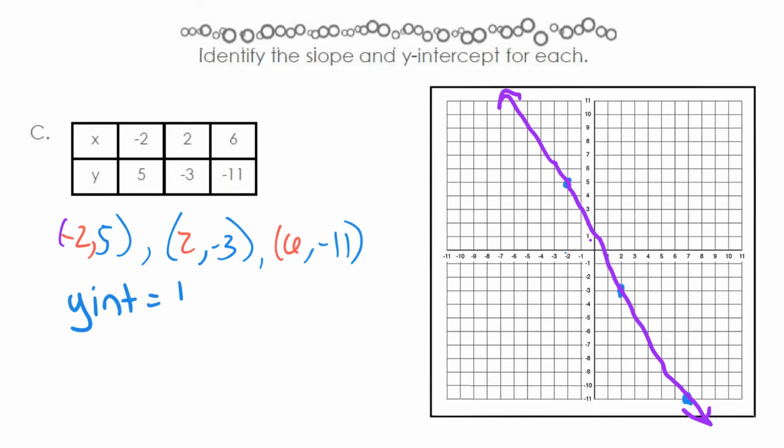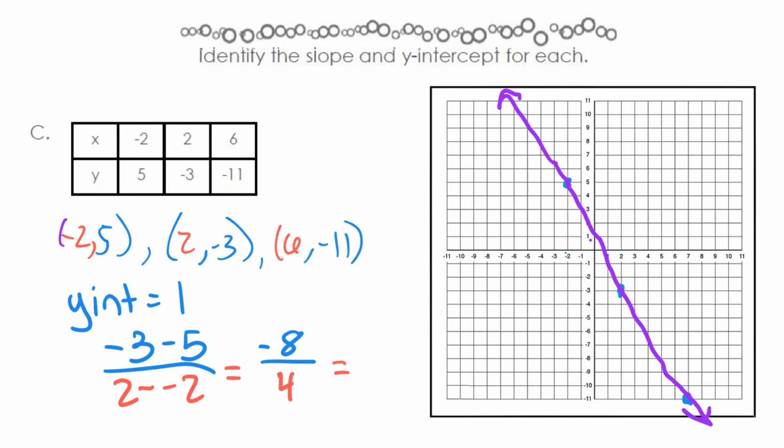Now to find the slope, we need to do y2 minus y1. So negative 3 minus 5 divided by x2 minus x1, which is equal to negative 8 over positive 4, which is equal to negative 2 slope.